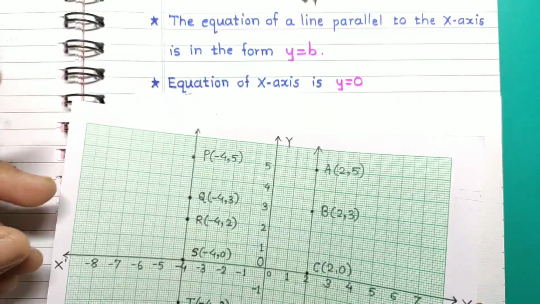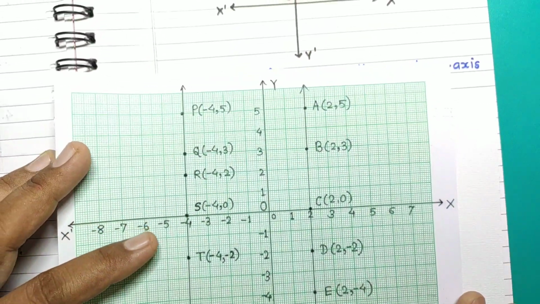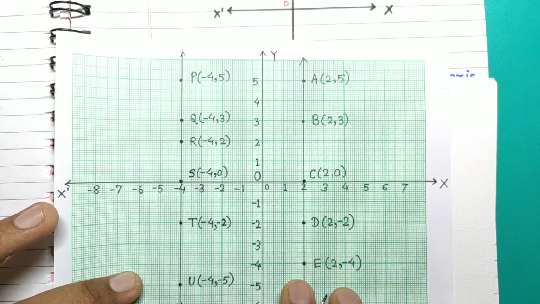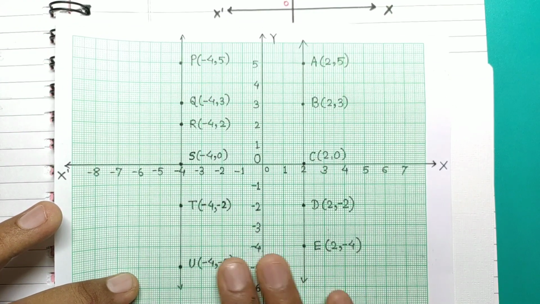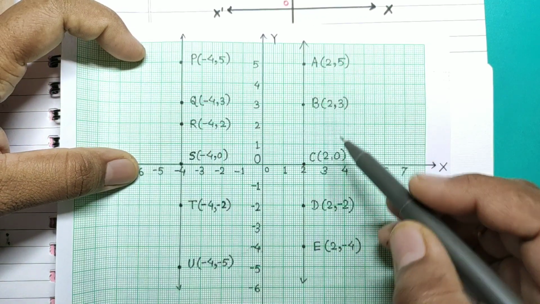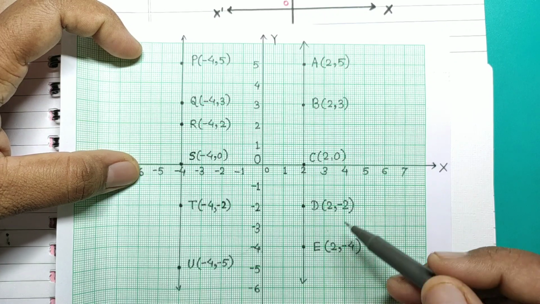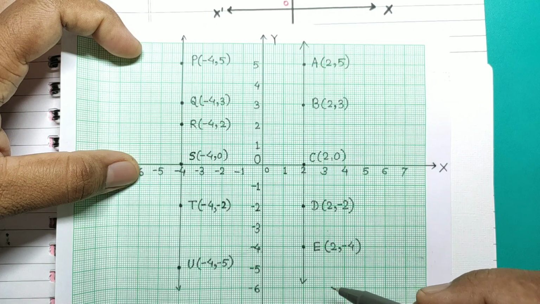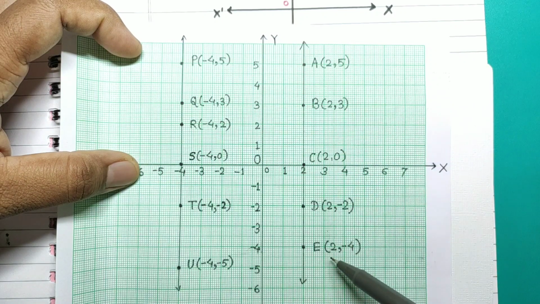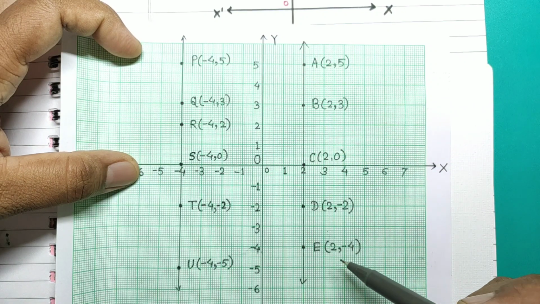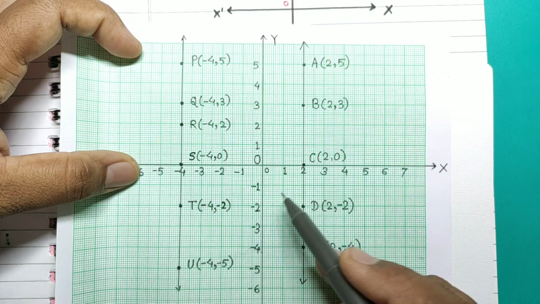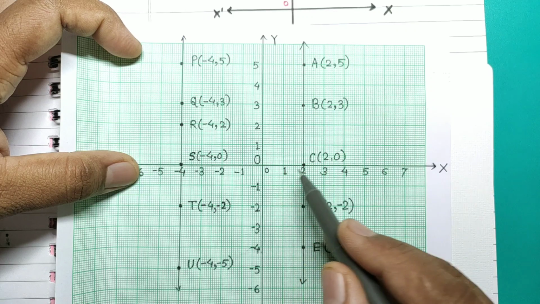Then students, let's see some more plotted points. Okay, you try to plot these points on your own. Okay, to save time, I have plotted them already. See, points A, B, C, D and E are collinear points. Also, we here observe that their x coordinate is the same and it is 2. Okay, that means the distance of all these points from the y-axis is 2 units.